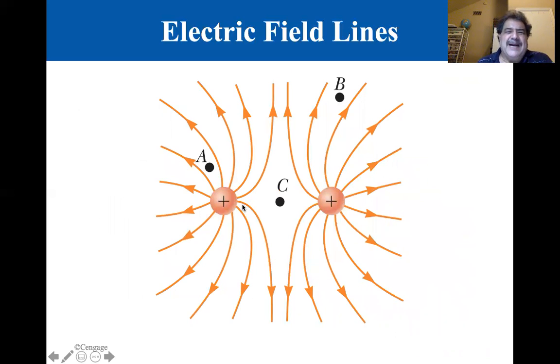Okay, so here are two positive charges, and notice that they repel each other, so the field lines are deflected and repelled away from each other.